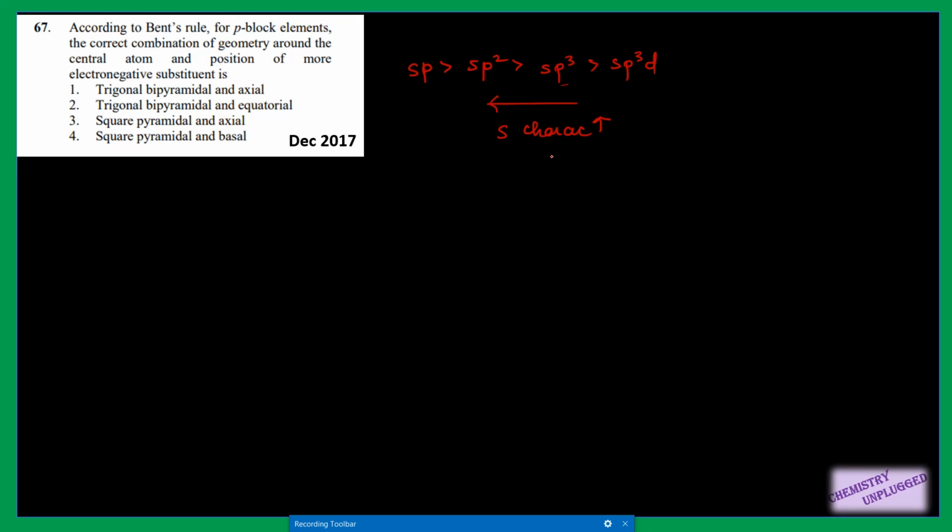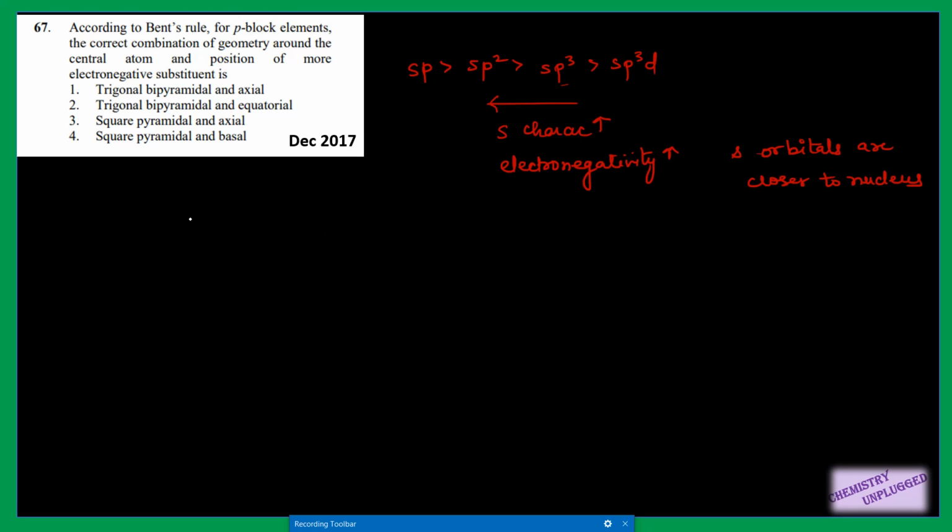S character increasing means electronegativity increases, or you can say these s orbitals are closer to the nucleus, that's why the electronegative character of these orbitals increases, right? Meaning when we have larger s character, the electronegative character of hybrid orbitals will be larger. Meaning they will try to bind with more electropositive substituents.